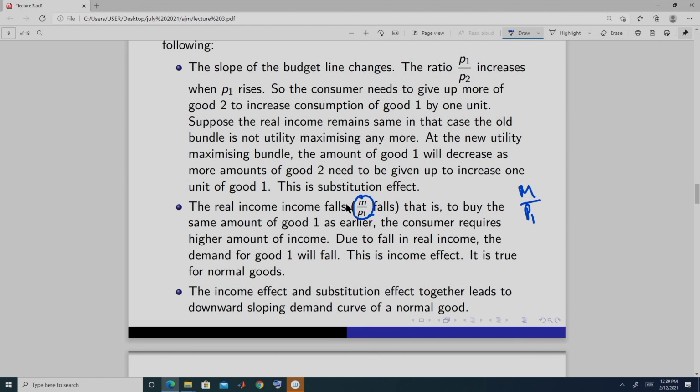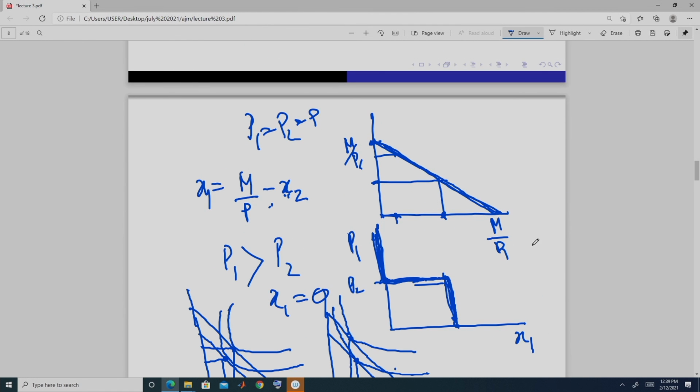Another thing is, the moment P1 suppose increases, what happens to this ratio P1 by P2? This is your exchange rate, we have done it, it is the slope of the budget line, and that changes. So suppose we have a budget line like this, now the price of good 1 has increased, so it will be like this. Earlier suppose the optimal point is at this point.